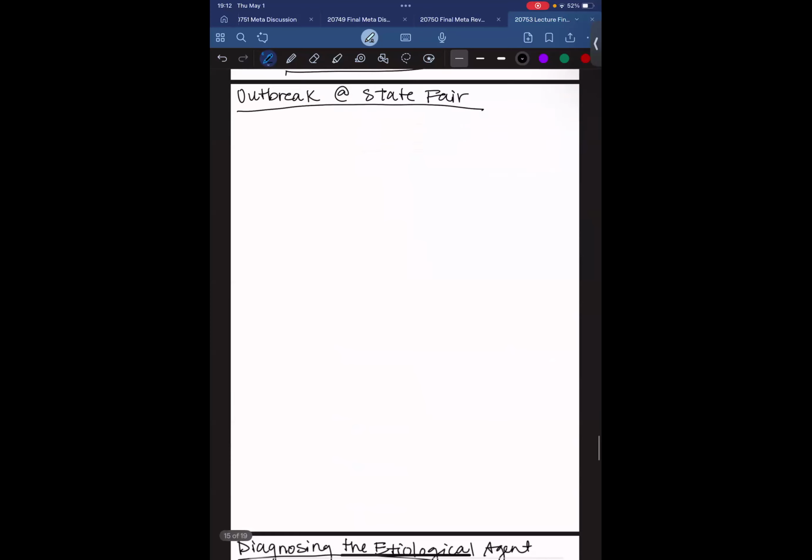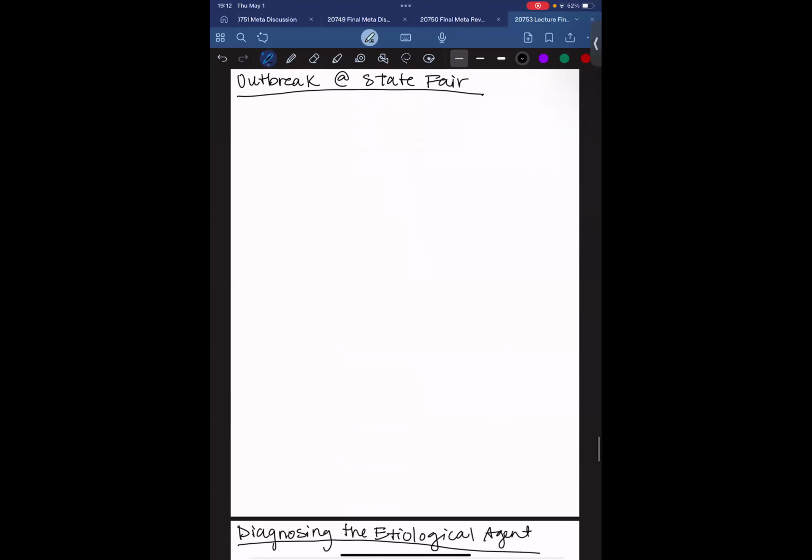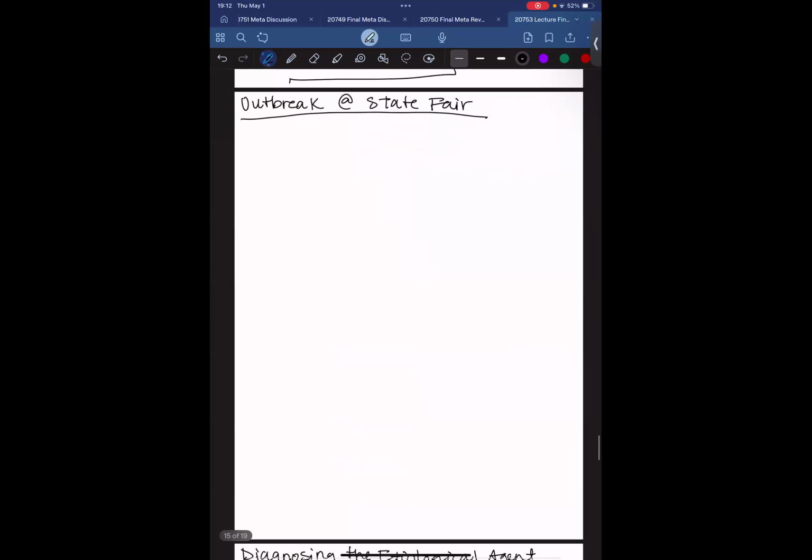All right, moving on to a different scenario. We're going to have a scenario where there's an outbreak at the state fair. So at the state fair, over the course of a week, we will have 700 people get diarrhea.